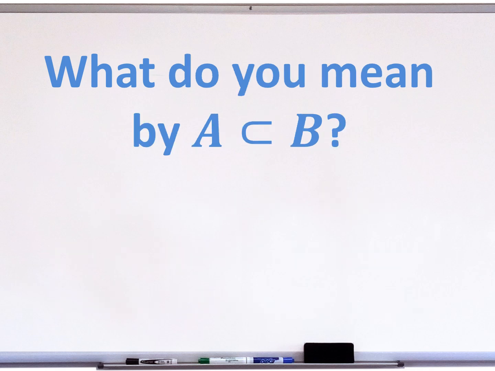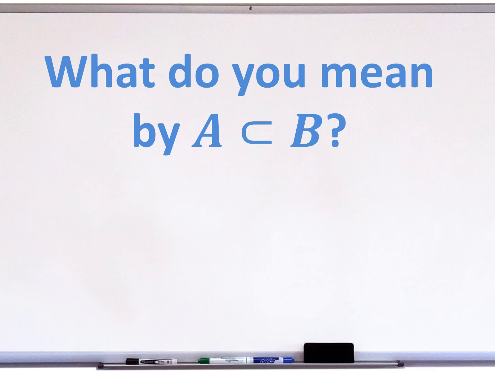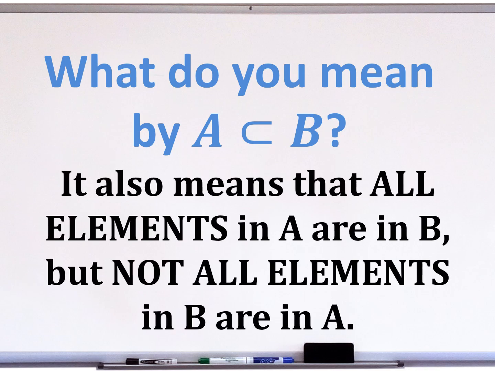And when you stumble upon this symbol, a capital letter U that opens to the right, this means to say that A is a proper subset of B. Okay. So this only means to say that all the elements in A are in B, but not all elements in B are in A. So that is the difference between the two, okay?